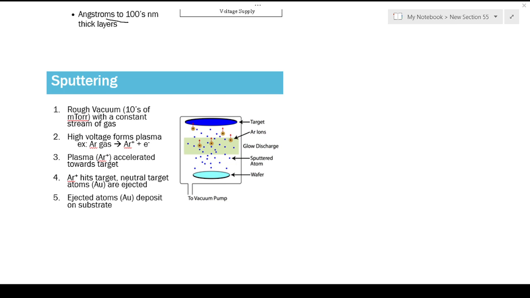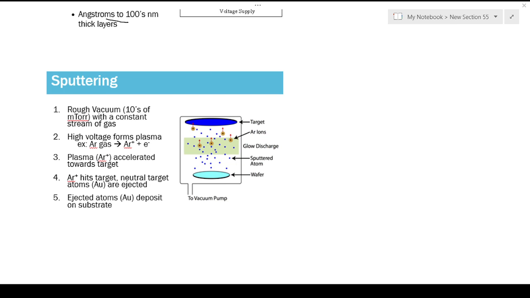procedure in order to prepare thin films, which we call chemical vapor deposition. And these methods, sputtering, chemical vapor deposition, and the thermal evaporation method, we call physical deposition methods.